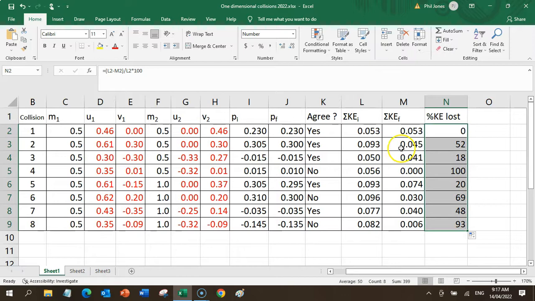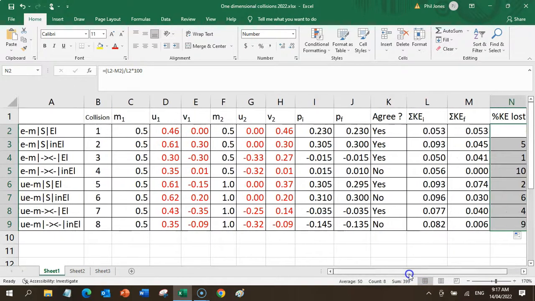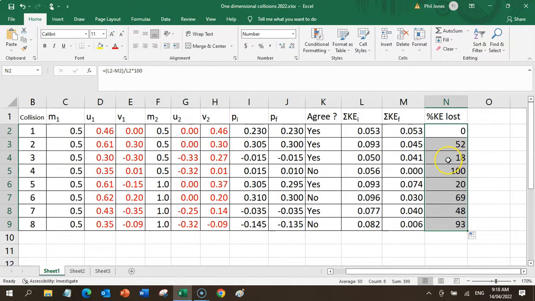So there's certainly been a loss of kinetic energy in this second one here, which, as you can see, is an inelastic collision. That's what the code over here means. As far as the next one is concerned, there's 18% loss in this elastic collision.